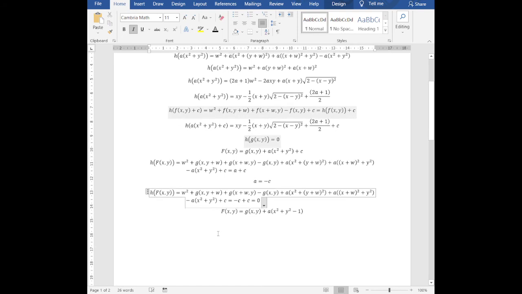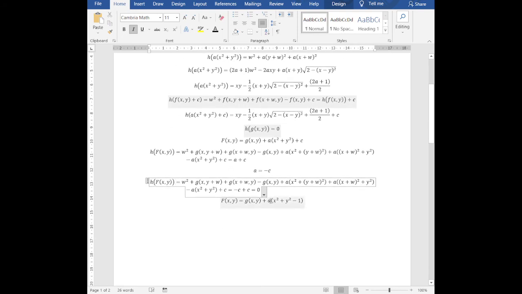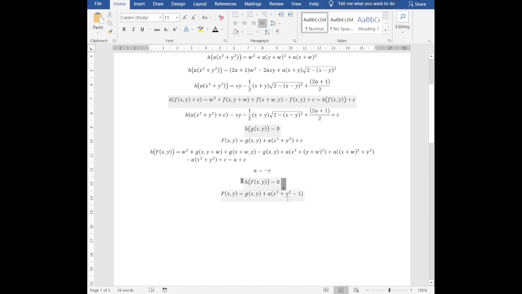Therefore, when and only when A equals minus C, which we've just substituted in down here, H of F is 0, and therefore F is a solution. Therefore, for any g of x and y that is a solution, there exists a second solution, f of x and y, which is made by adding this extra term on.